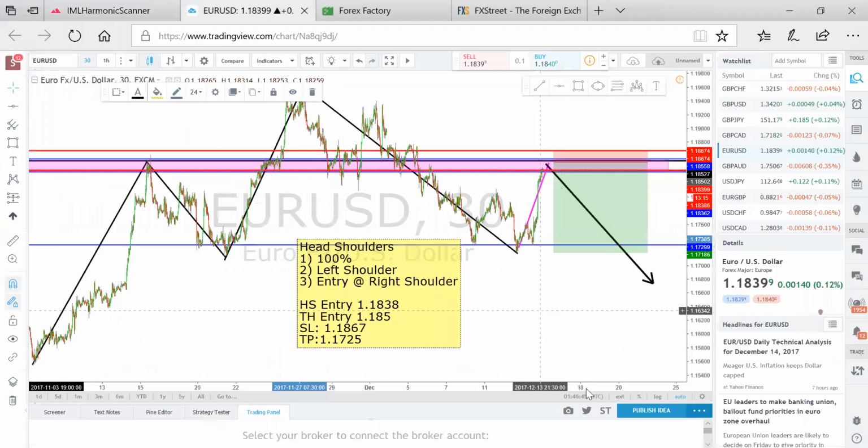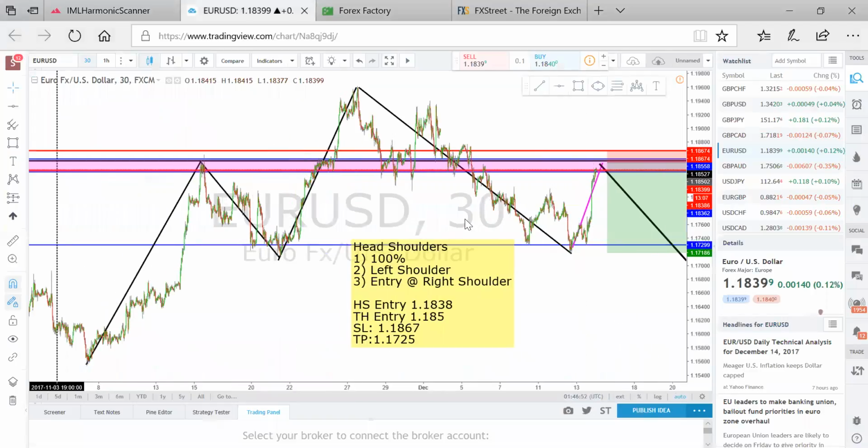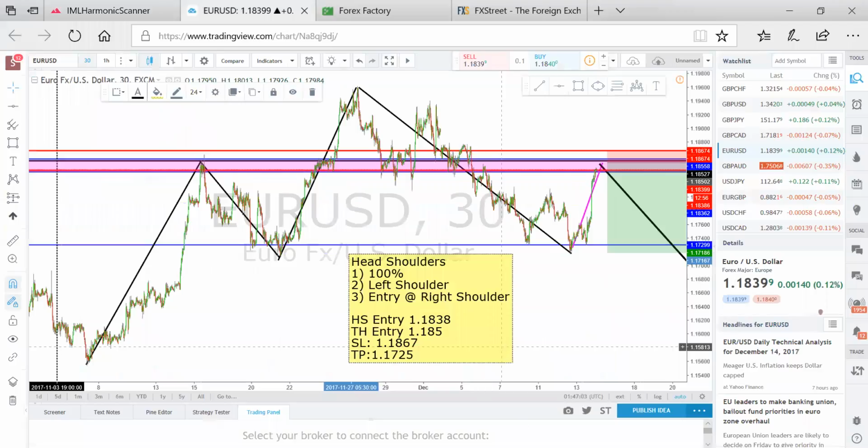So I'm going to go over this again, and then I'm going to look for another harmonic scan, and just see if there are any questions. This is on the 15-minute chart. So guys, let me send this to you, and then I'm going to explain this once again.